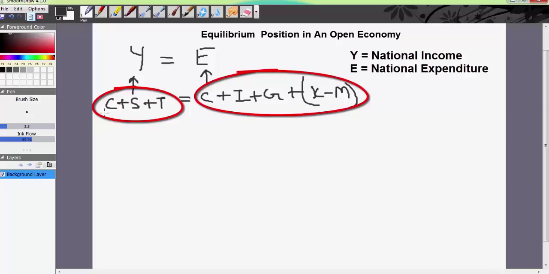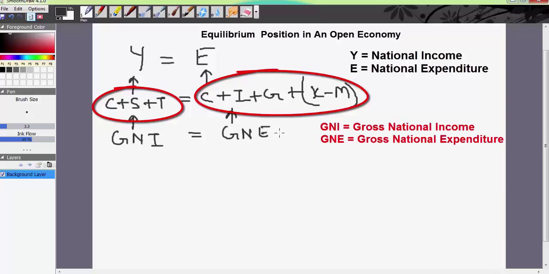Now we can consider consumption plus savings plus taxes as gross national income, that is GNI, whereas consumption plus investment plus government expenditure plus the net effect of exports and imports is considered equal to gross national expenditure, right?